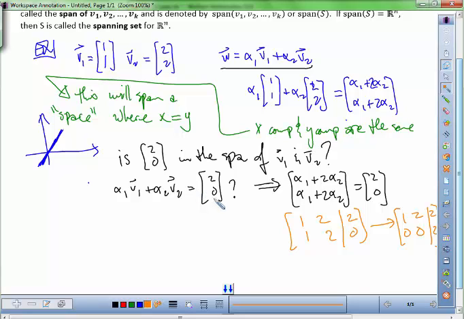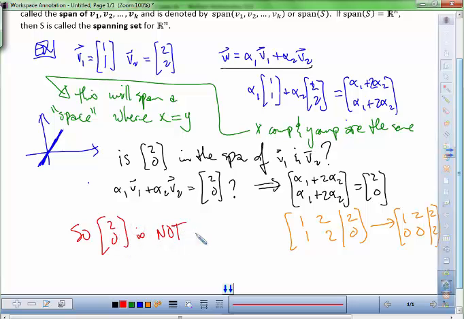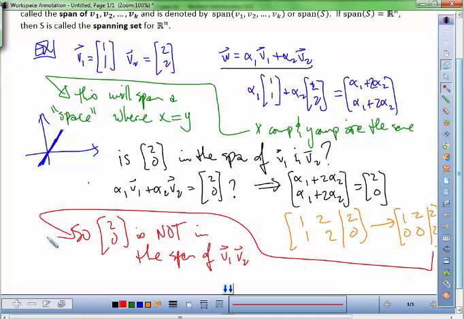You can say that (2, 0) is not in the span of this. Yeah, so you can basically create this just by putting the column vectors together.